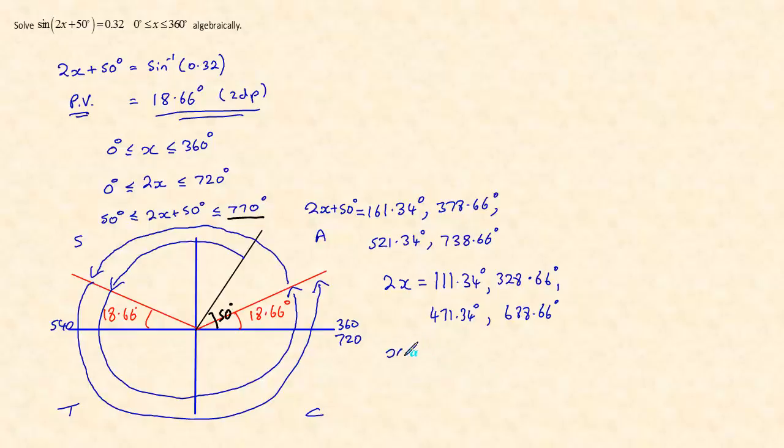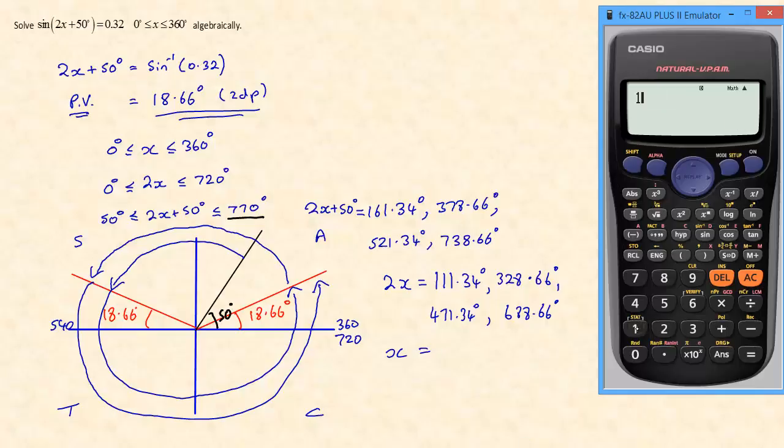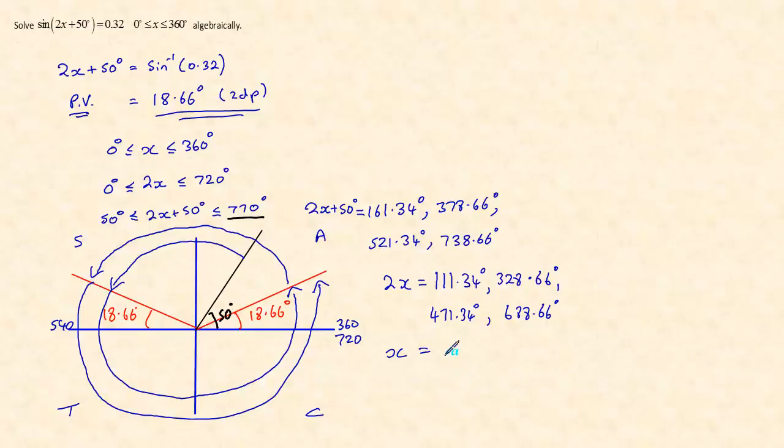And then finally, to get x, we need to divide everything by 2. So 111.34, divide that by 2, 55, let's call that 55.7, and we'll do these ones to one decimal place.